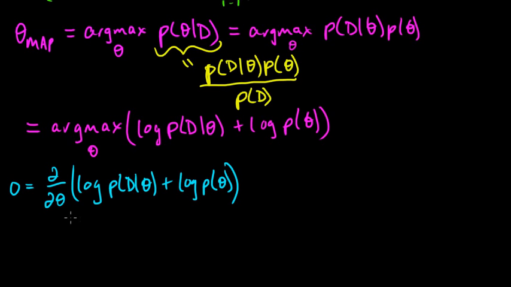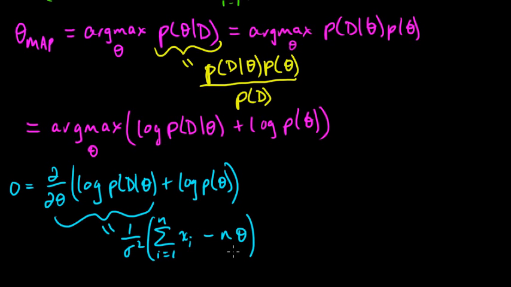For the derivative of the first part, I looked it up for reference because I knew we were going to need this, in the video where we computed the MLE for the mean of a Gaussian. From my notes, it's 1 over sigma squared times the sum as i goes from 1 to n of xi minus n theta.